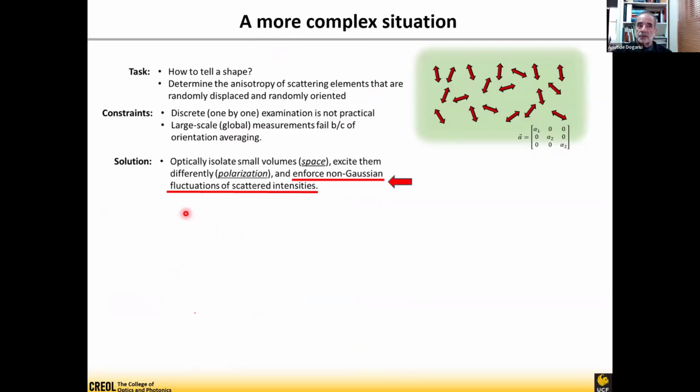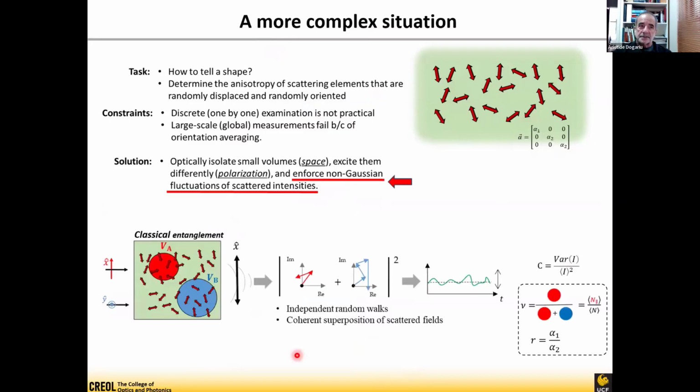So a solution is to actually isolate small volumes of this environment with anisotropic particles and enforce non-Gaussian fluctuations in the scattered intensities. And the way we do this, we isolate two adjustable volumes which are excited with orthogonal polarization.